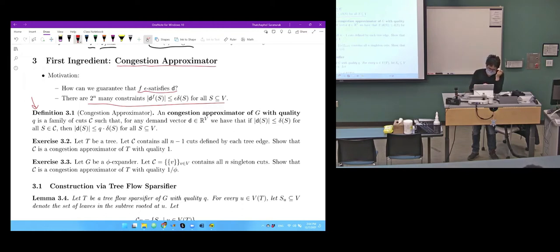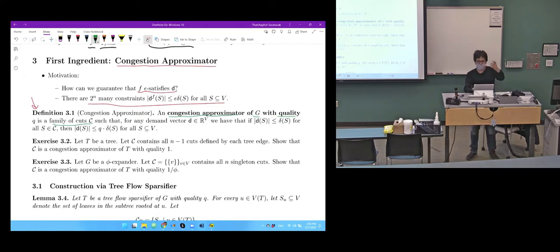So I say that a congestion approximator of G with quality Q is just a family of cuts.